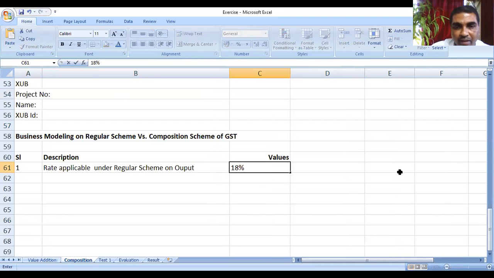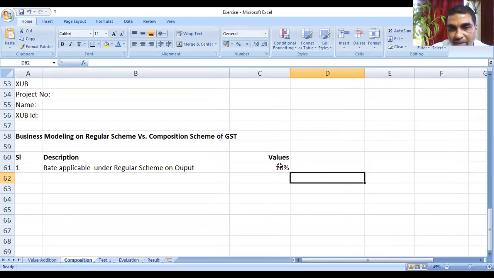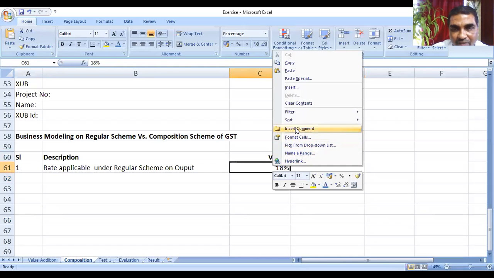And we'll do one thing. Since you're making a project, we'll give a note here. How can we give a comment? Any of you know how to add a comment? I'm doing it here. You see, this is the cell. Right click. Can you see what is written here?